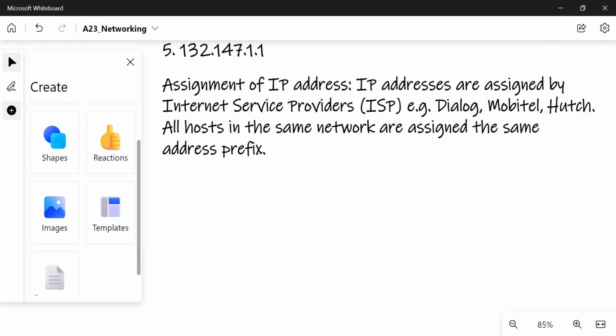With this part, we are concluding the classes, and now we are going to talk about a very important topic, which we call subnetting. That means how you can divide a large network into smaller networks. So this is called subnetting.